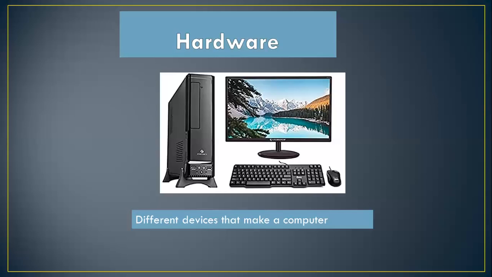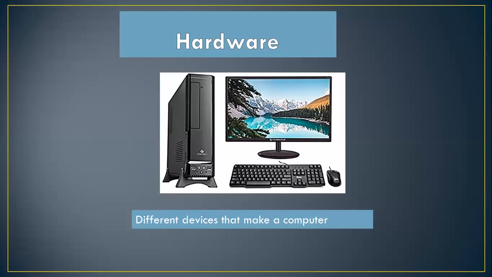Okay, we were discussing hardware. So what is hardware, boys? Different devices that make a computer. When they connect to each other, they make a computer. So hardware devices can be input devices.